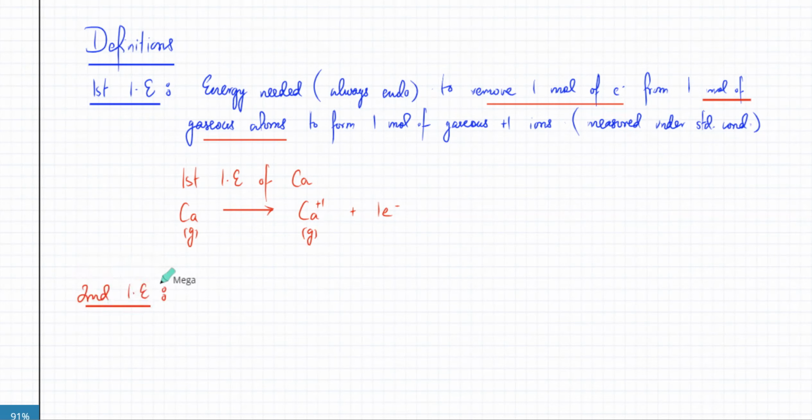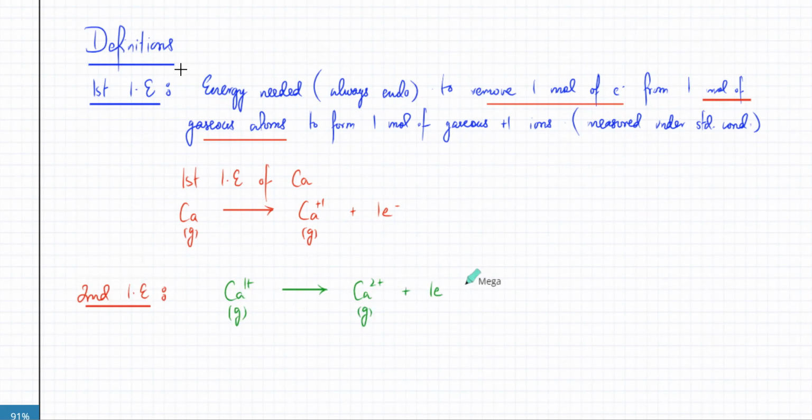So if I start off with calcium, but calcium would be 1+ now. The first electron has already been removed in the previous step, which is the first ionization energy, and now I'm trying to remove the second electron. So I'm still basically removing one electron, but now it's the second one. The first has already been removed.